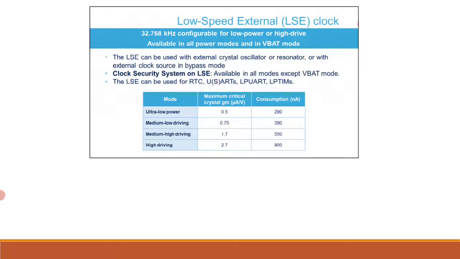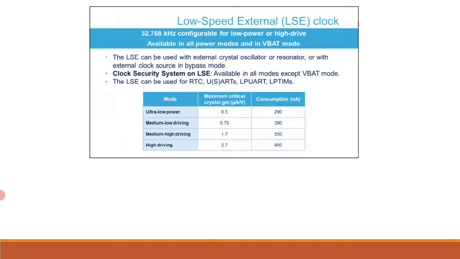A clock security system monitors the failure of the LSE oscillator. In case of failure, the application can switch from the RTC clock to the LSI clock. The clock security system is functional in all modes except VBAT mode. It is also functional under reset. The LSE can be used to clock the RTC, the USARTs or low power UART peripherals and the low power timers.